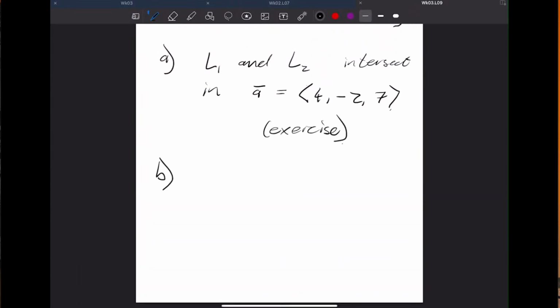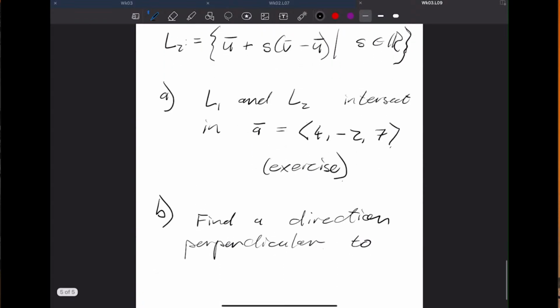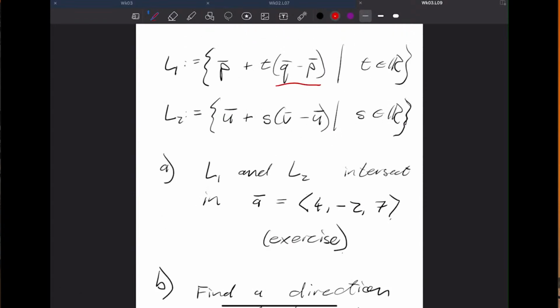So to find a direction perpendicular to, okay, now we're looking for a direction that is perpendicular to the direction vectors of each one of these lines.